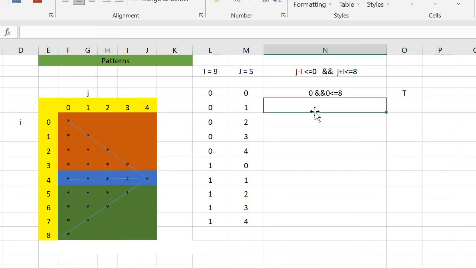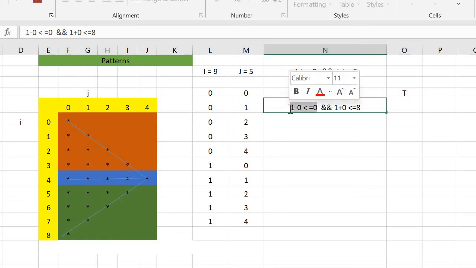Correct? Let us now move on here. j minus i, that is 1 minus 0, is less than or equal to 0. And j plus i, what is j plus i over here? 1 plus 0 is less than or equal to 8. Let's just solve this example. 1 minus 0 is 1. 1 is not less than 0 and 1 is not equal to 0.